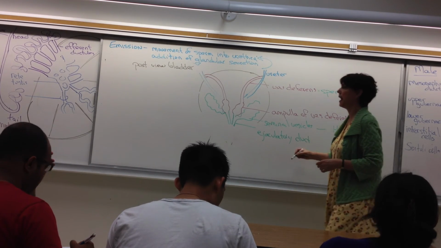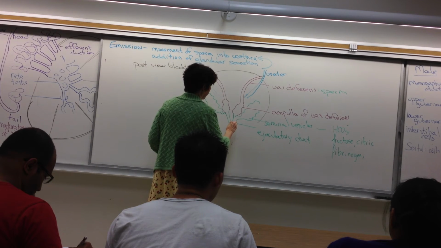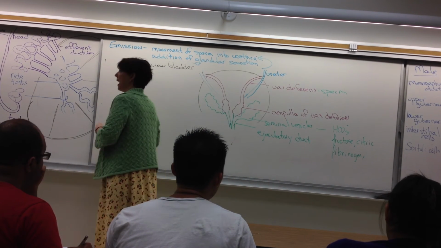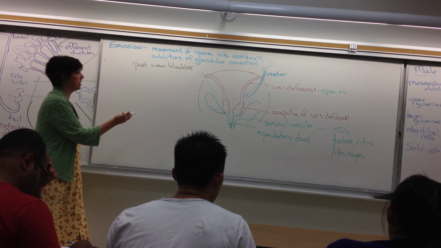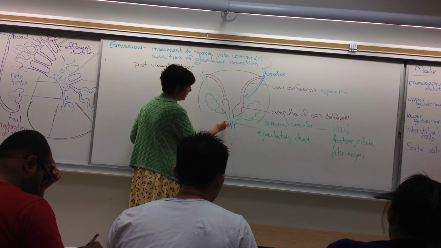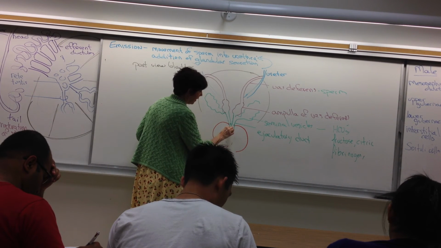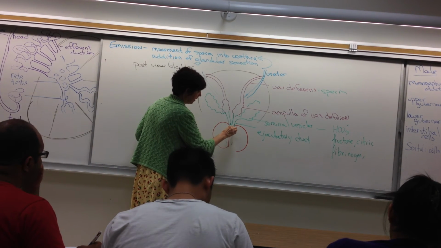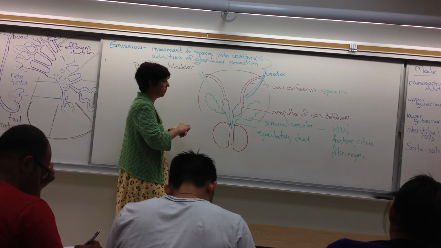Okay? So now these ejaculatory ducts pass through the wall of another gland known as the prostate gland. And the prostate gland is like a donut that completely surrounds the urethra, which passes through it.